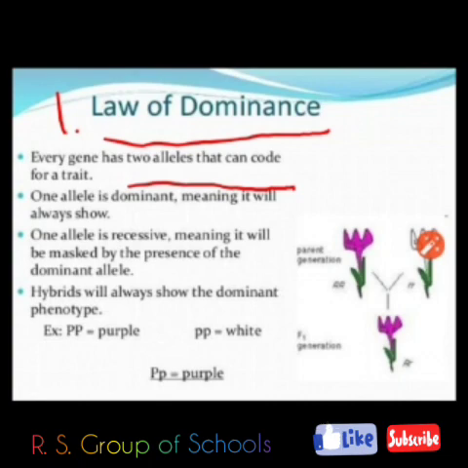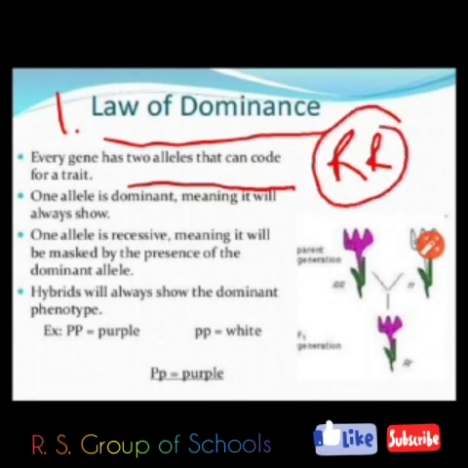One allele is dominant, represented by a capital R, meaning a tall character, and the other allele is the small r, a recessive character.